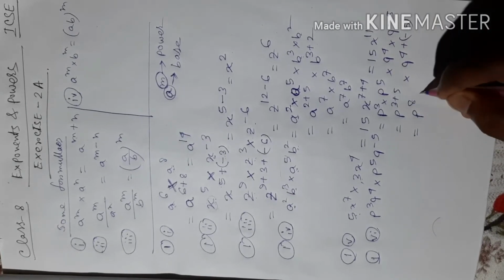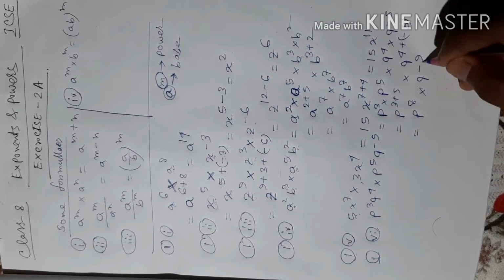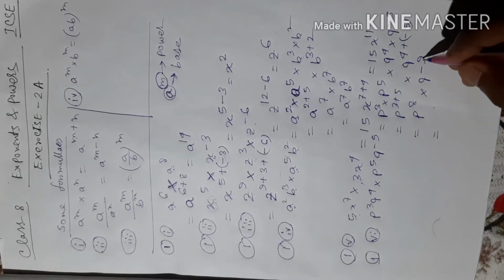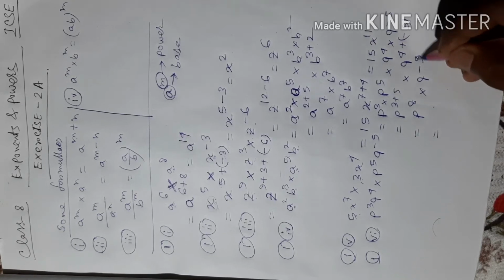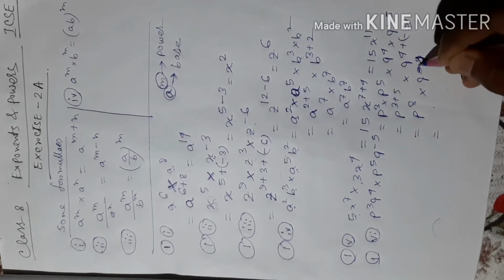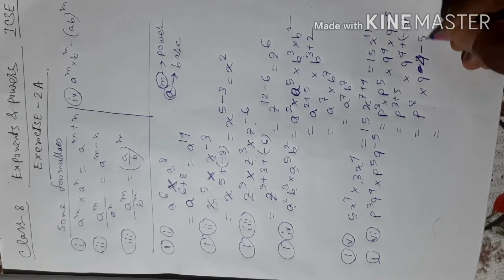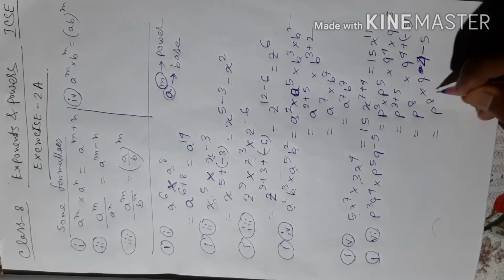So, okay, here 4 plus minus multiply, if we multiply plus minus, so minus.